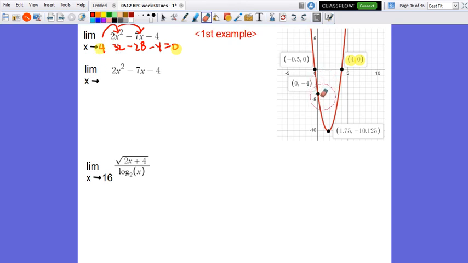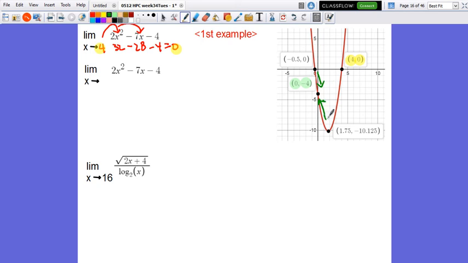Now let's look right here. Let's look at this easy one here. I'm looking at this green highlight. Let's say we're approaching it from the right hand side, and from the left hand side.